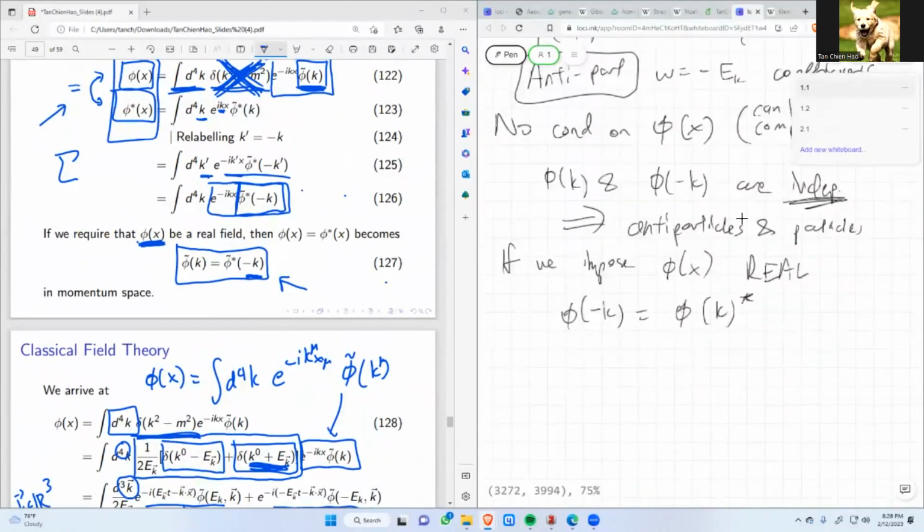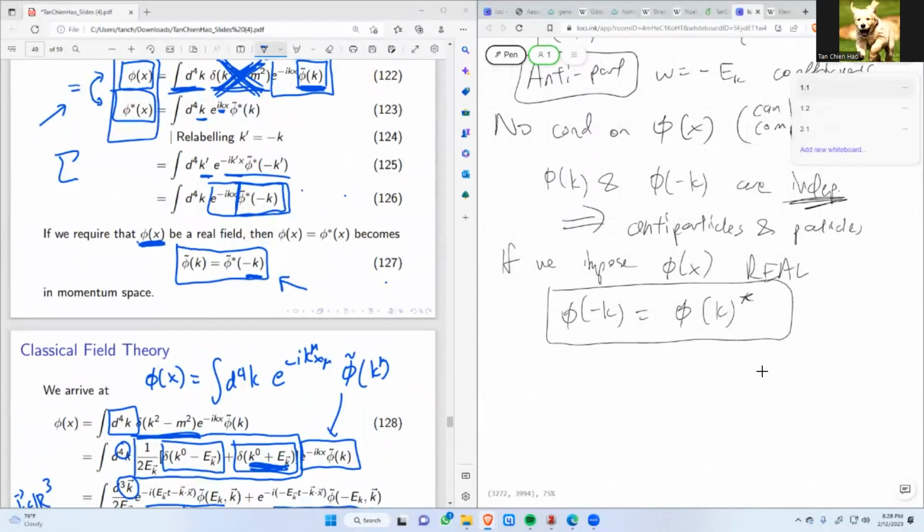This condition essentially is telling us something about creation and annihilation.